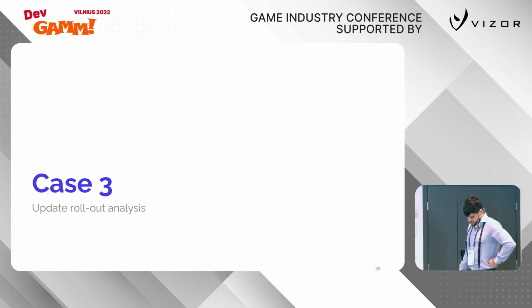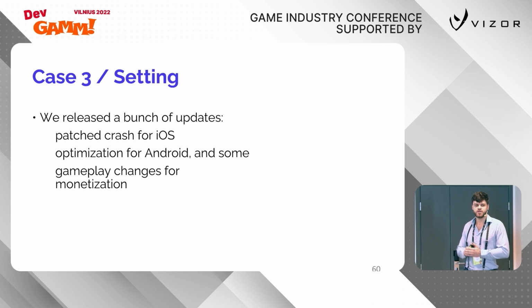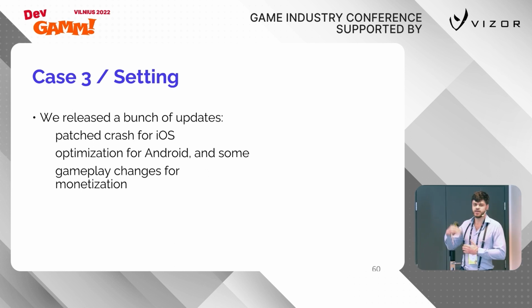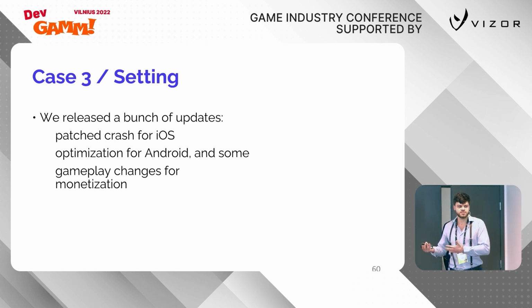Third case. Imagine we are releasing an update, right? We have patched some crashes, we have some optimizations, and we of course changed some gameplay things, and we expect them to improve our monetization.